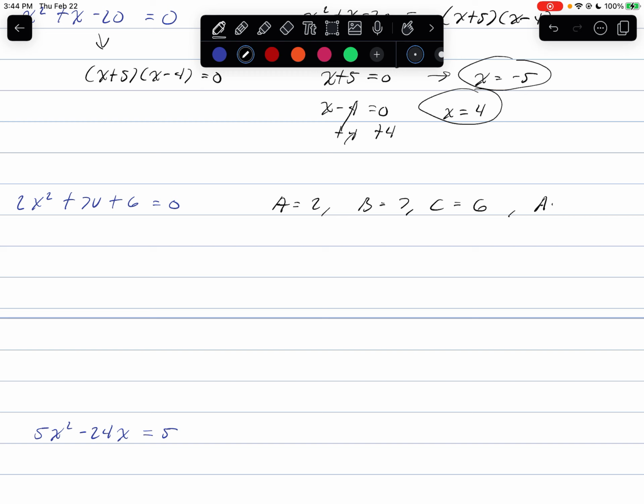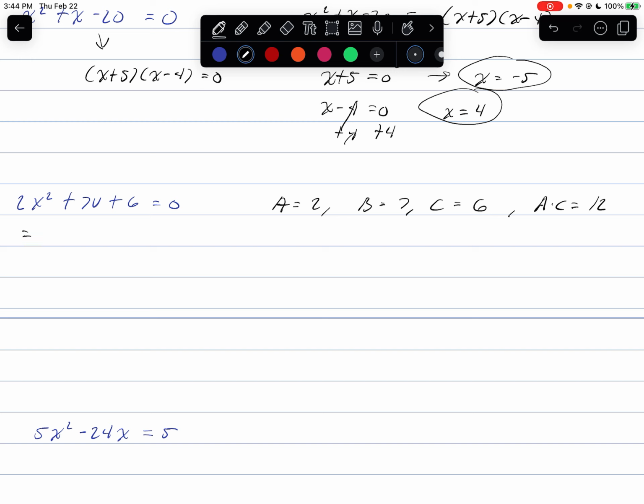And then we have a times c is equal to 2 times 6, so that is equal to 12. Okay, so we need to find two numbers that multiply together to give us a times c, or 12, and add together to give us 7. Okay, I'm thinking 3 and 4 here would be good. So 3 times 4 gives us 12, 3 plus 4 gives us 7.